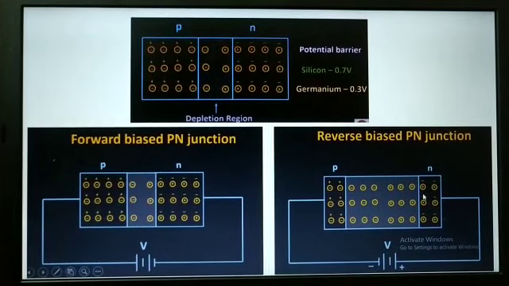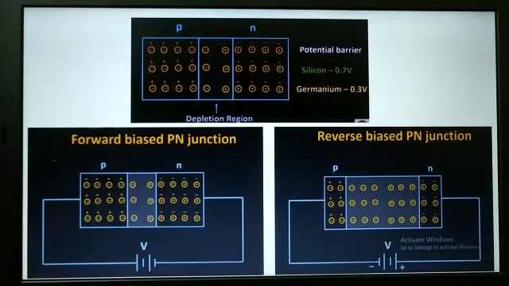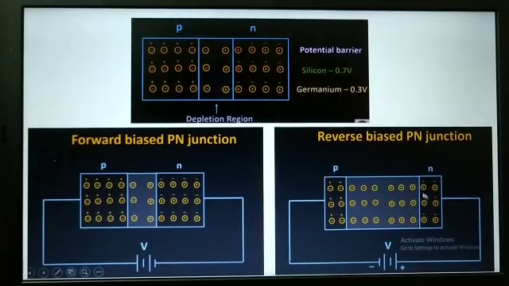That potential barrier of 0.7 volt cannot pass this region now because, as we can see from the diagram, it is three or four times the region we had in forward bias. So electrons and holes will not be able to pass the depletion region. They will not have the required barrier potential, so the diode will not conduct the current.